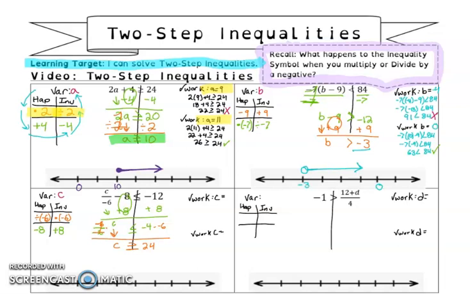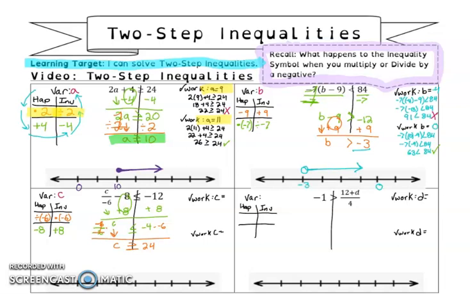Go ahead and pick a number that's bigger and a number that is smaller than 24 and check your work. When we're picking numbers, when we have to divide, I like to pick numbers that I know I can divide by that number. So we have to divide by 6.